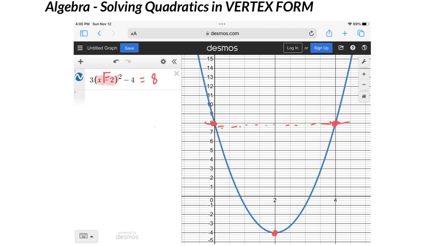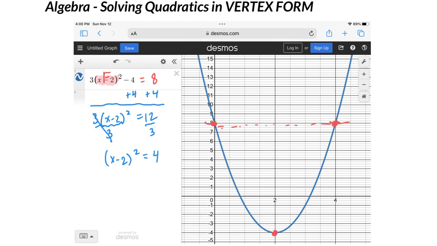So, for example, what do you always do first? Well, you start by adding 4. So we've got 3 times, I'm going to leave that x minus 2. Again, that's going to be the last thing I work with. Then I would divide by 3. So I've got x minus 2 squared equals 4.